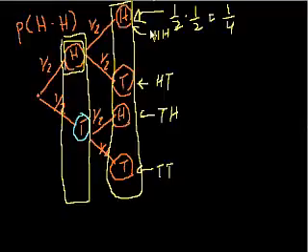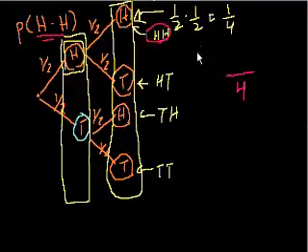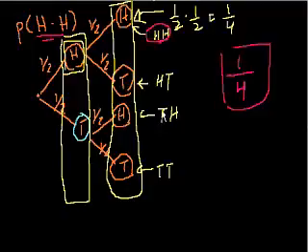So we have 4 equally probable scenarios. The total of equally probable scenarios is 4. And how many of these equally probable scenarios is our event true? Well, it's one of them, heads heads. So it's 1/4. So that's another way of viewing it.